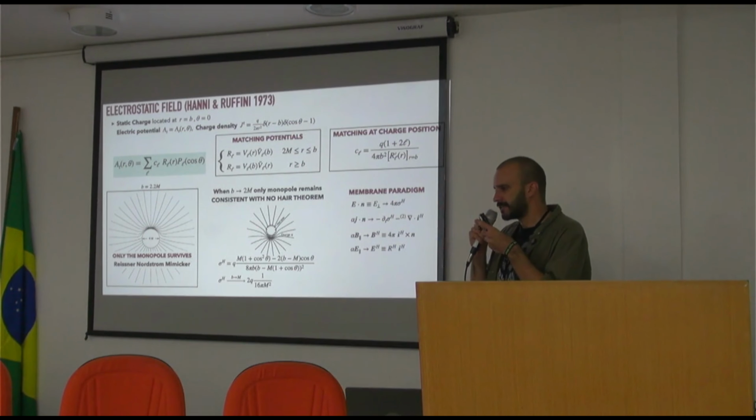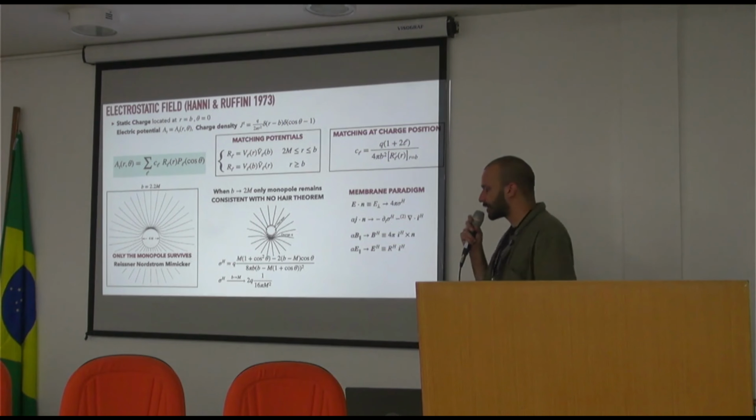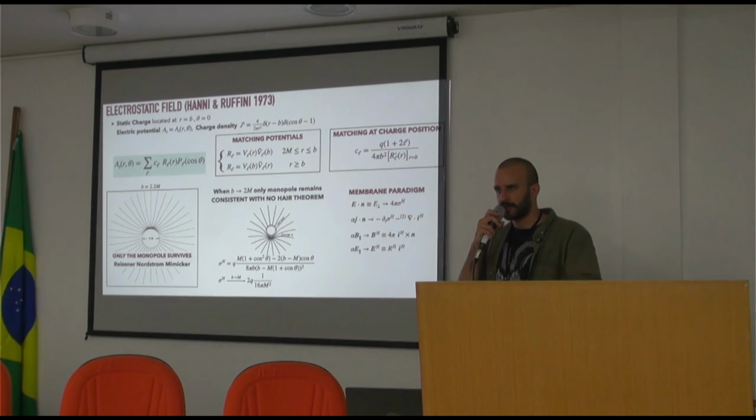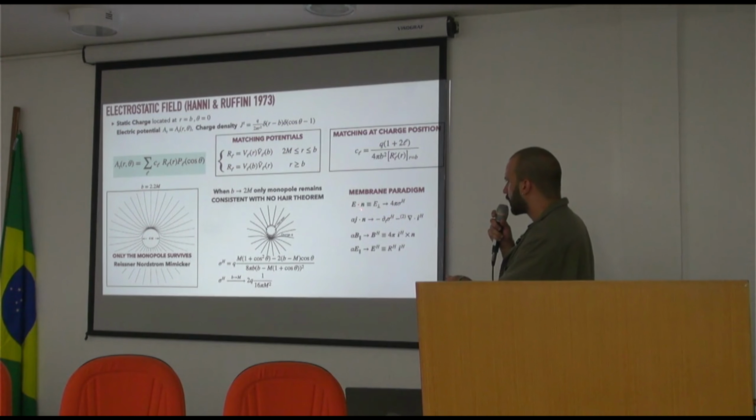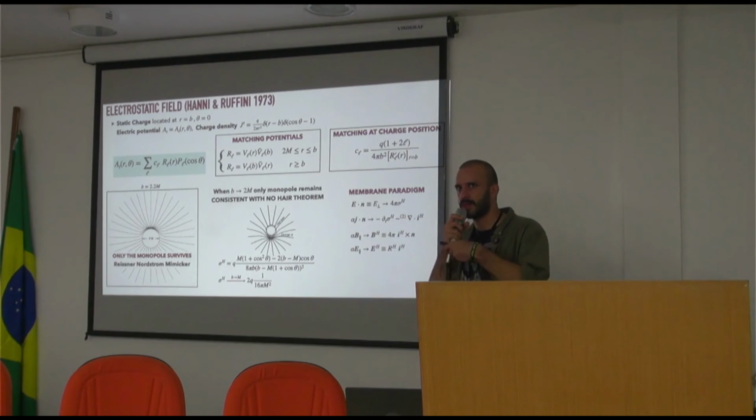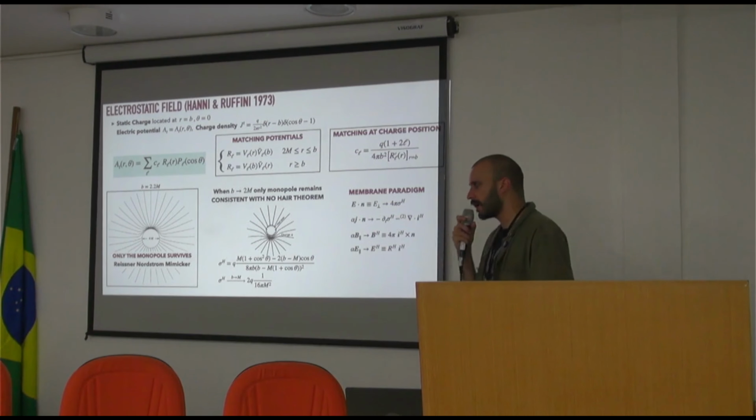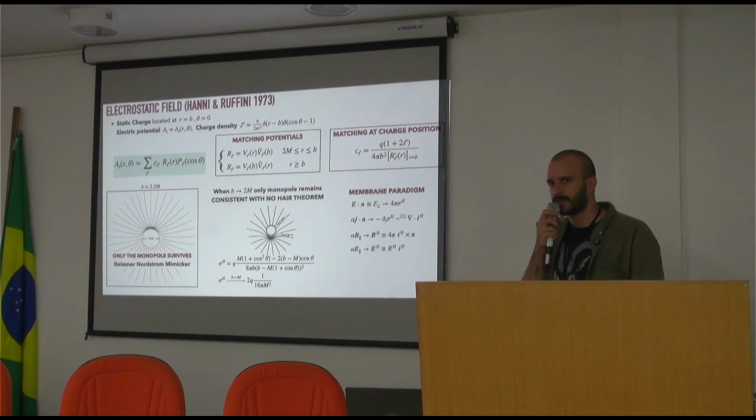And this idea, which is called the membrane paradigm, basically states that the black hole horizon, or better, the stretched horizon, can be considered as a kind of surface enclosing the black hole, which is characterized by certain universal properties. In particular, you can check how the electric and magnetic fields and the currents work in this regime very close to the black hole, and you will observe some interesting facts.